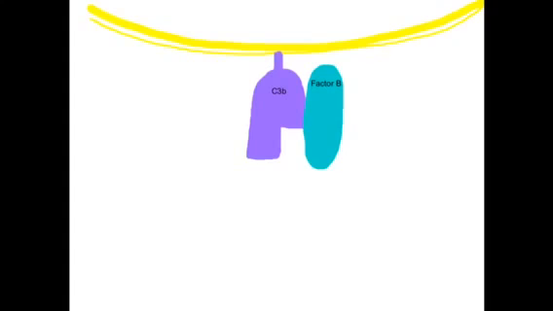On the cell membrane, C3b binds with factor B, and then factor D comes in and cleaves factor B into two fragments.